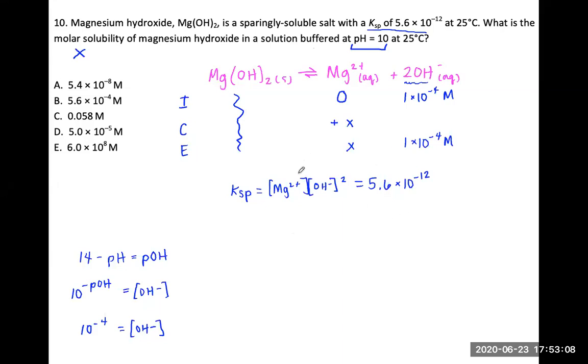And so, just like we have for previous ice tables, we're going to plug in our equilibrium row. And so we'll have x times 1 times 10 to the negative 4th squared equal to 5.6 times 10 to the negative 12th.